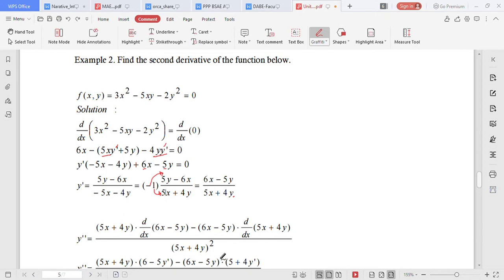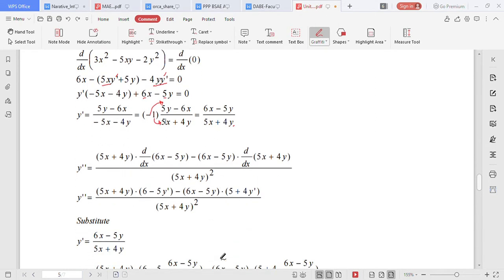So we perform the operation. We get the derivative of 6x minus 5y, which is 6 minus 5y prime. And then we get the derivative of the denominator, 5x plus 4y, which is 5 plus 4y prime.